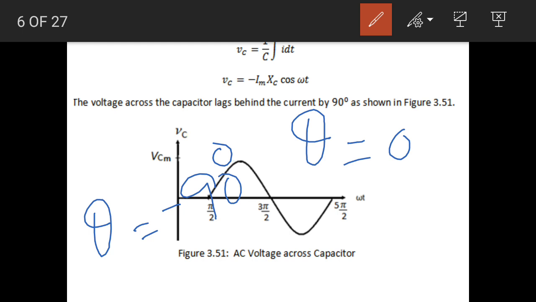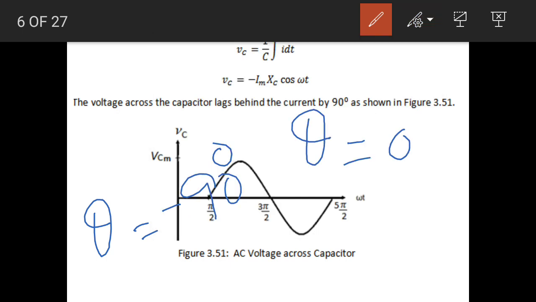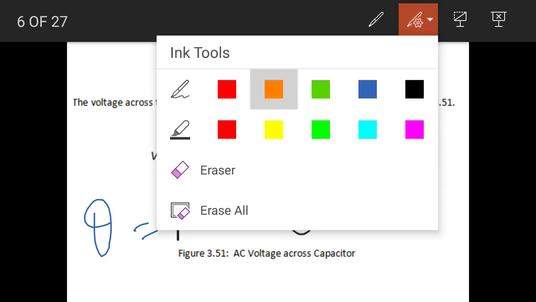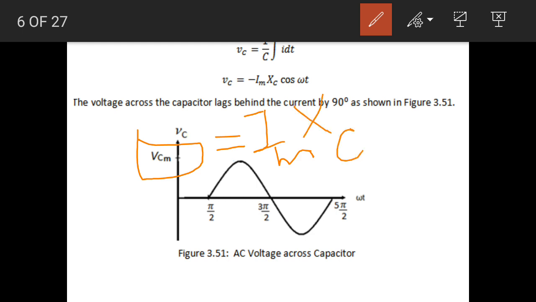So you see the maximum value of the voltage across the capacitor is represented by VCM. So this is how we represent the maximum voltage across the capacitor. The maximum value of the voltage across the capacitor is equal to Im, where Im indicates the maximum value of the current in this series combination, multiplied by Xc, where Xc is the capacitive reactance of the capacitor.